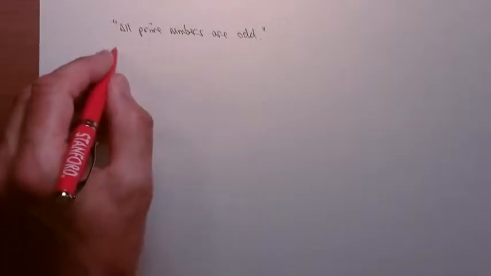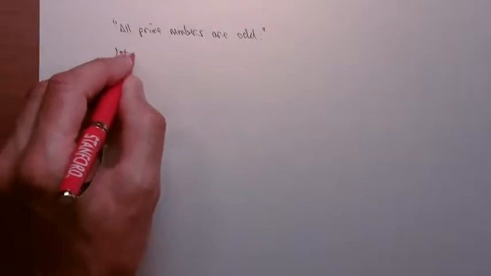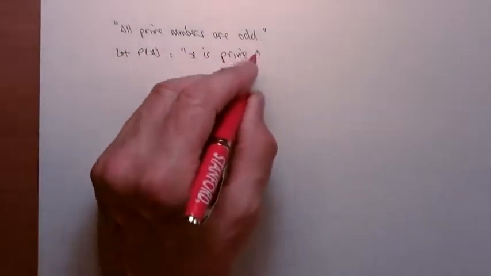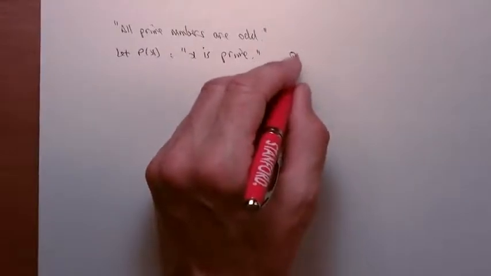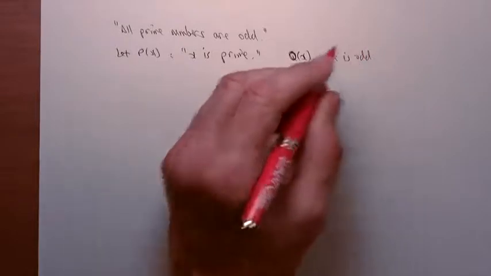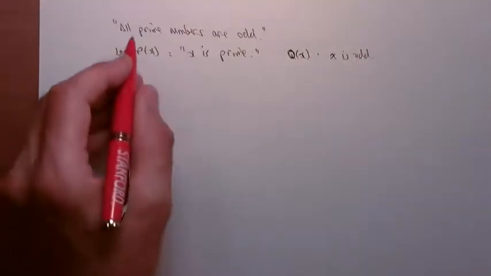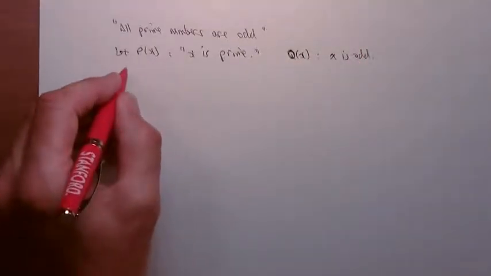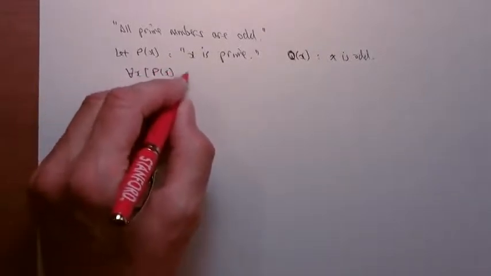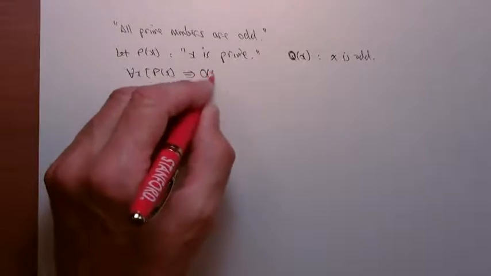Okay. So I'm going to let P of x mean x is prime, and I'm going to let O of x mean that x is odd. So the sentence can be written symbolically as for all x, if x is a prime, then x is odd.